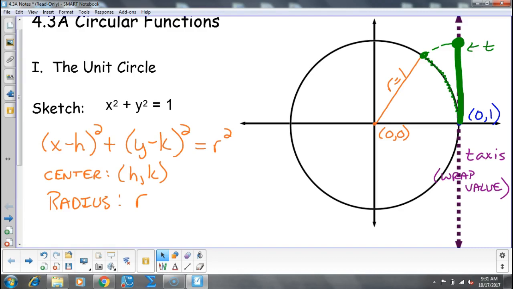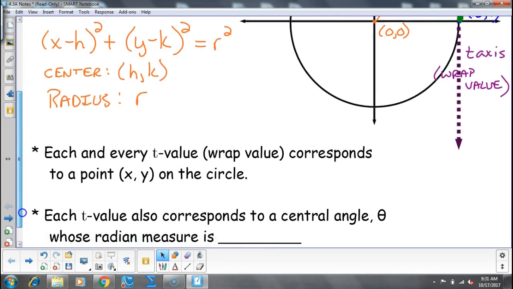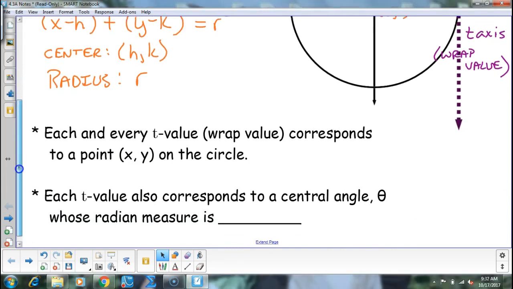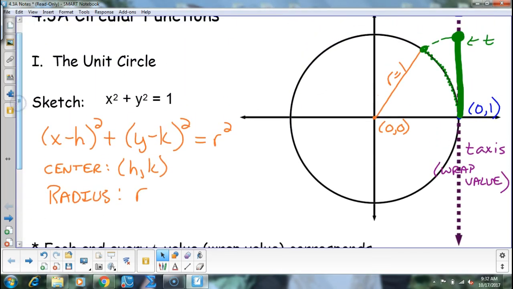Knowing what you know about that, now my t here is my arc length, and theta is my central angle.